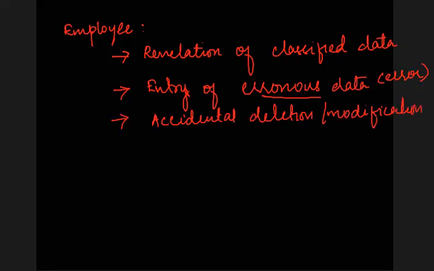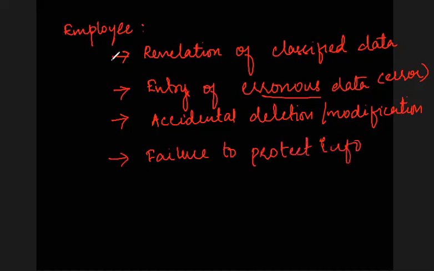You might accidentally delete or modify data that you did not have to modify, and if you have also saved the changes, you might not be able to recover the integrity of the data. Then failure to protect information. So these are the different threats that a particular employee from the organization can pose.